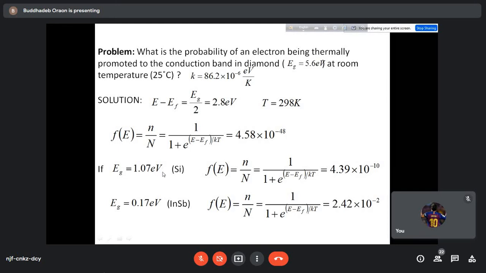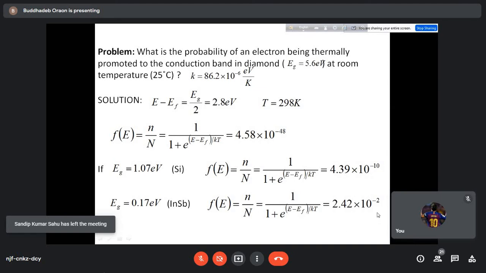So the point is that if we can reduce the energy gap to some extent, then we can get a huge number of free electrons at room temperature itself. For example, for this particular artificial semiconductor, since the energy gap is only 0.17, at room temperature itself you'll get a large number of free electrons, and the conductivity will be much higher compared to other types of semiconductors.